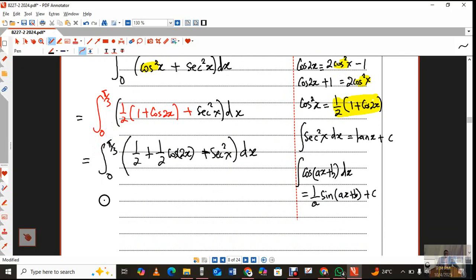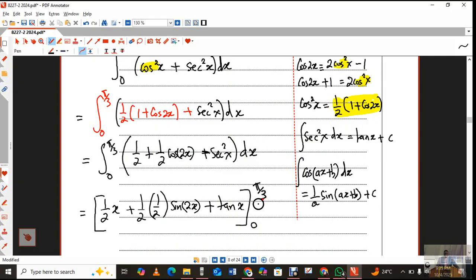If you were to integrate, you will be getting 1 over 2 x plus 1 over 2 times 1 over a, which is 1 over 2, sine 2x. Please refer there. All right, and what do we know? We know that sec square x is just tan x. And we're going to do this from 0 to pi over 3.